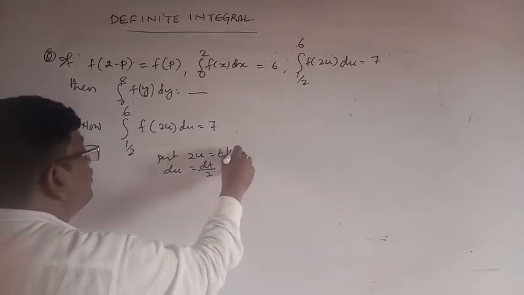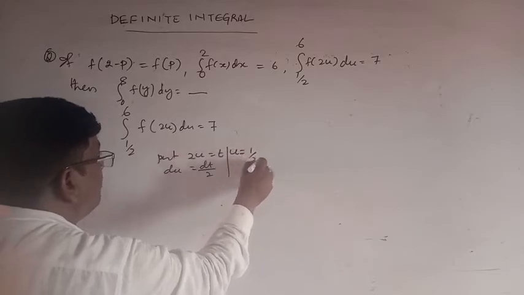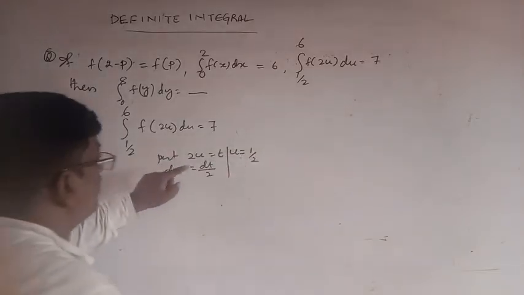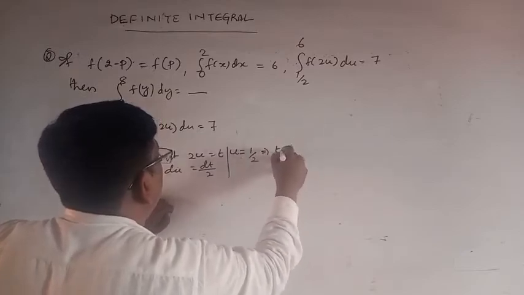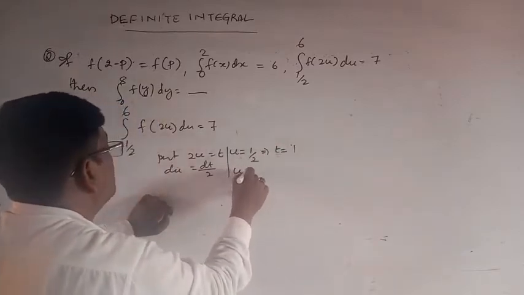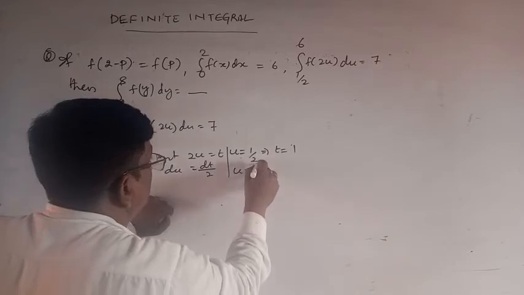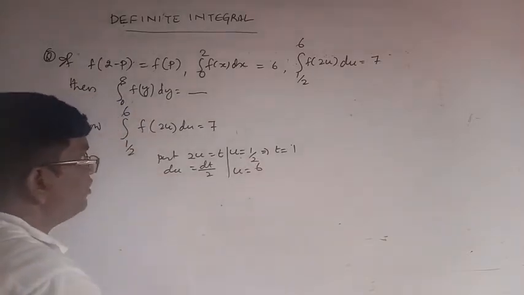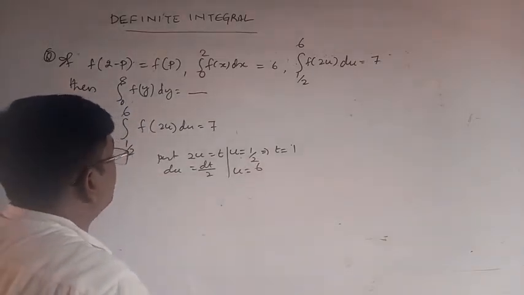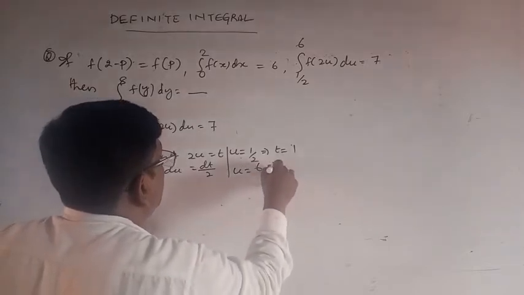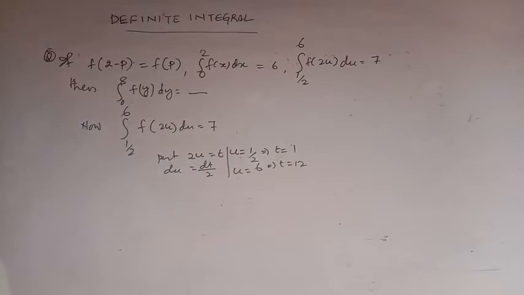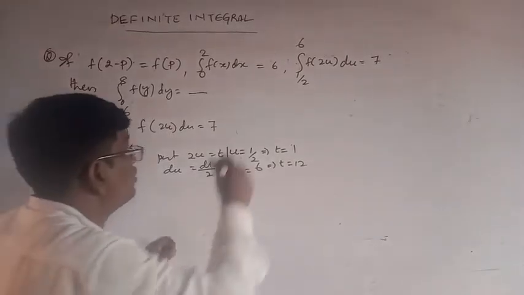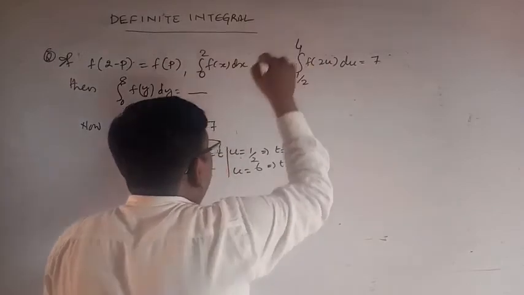When u is equal to half, t is equal to 1. When u is equal to 6, t is equal to 12. Sorry, the question is not 6 here, the question is 4 here.